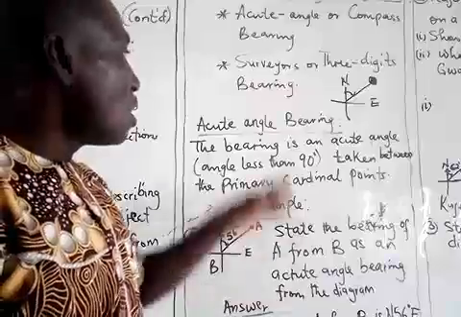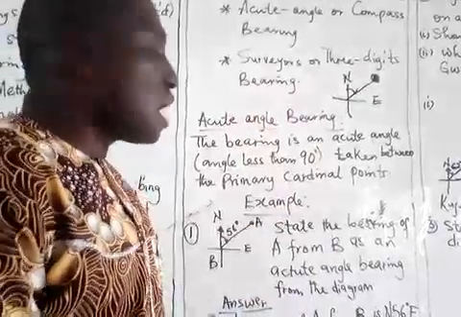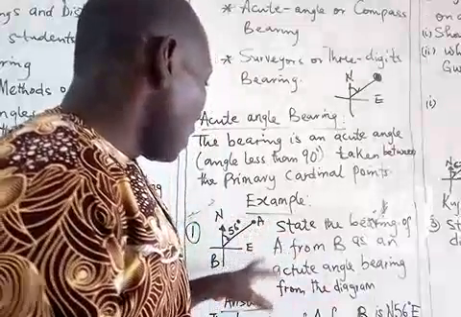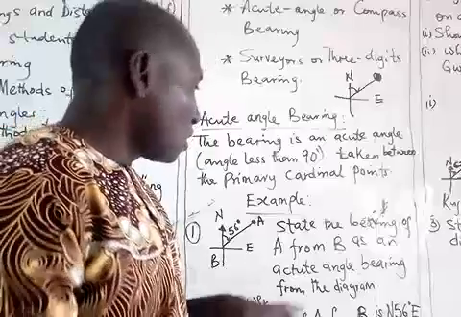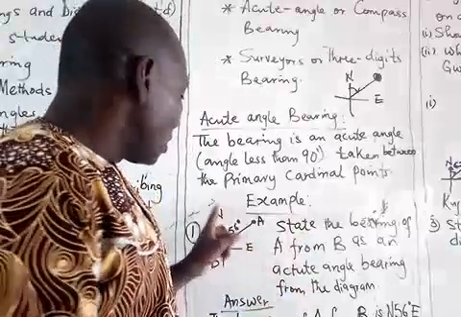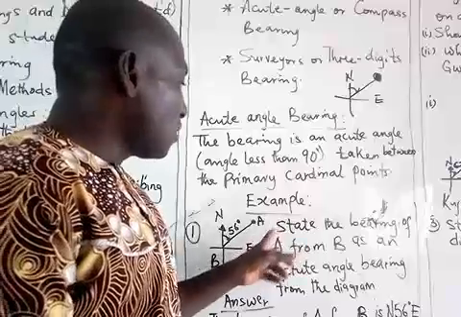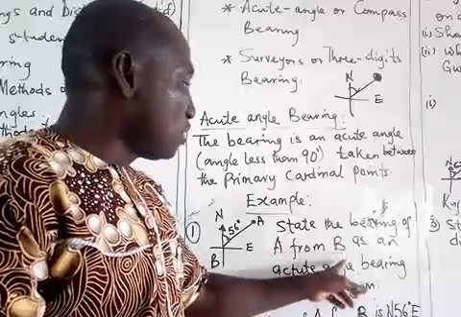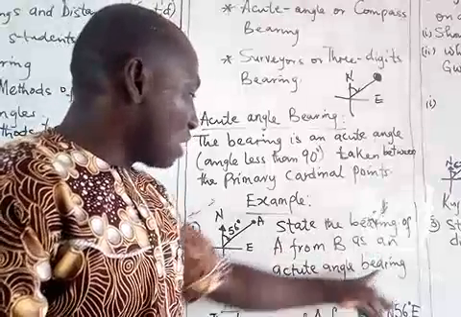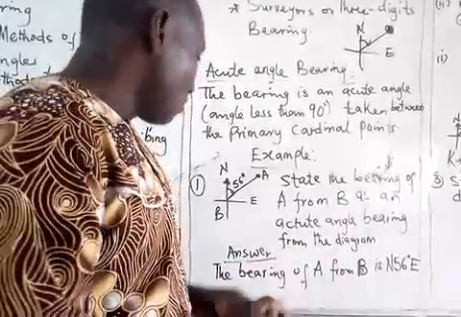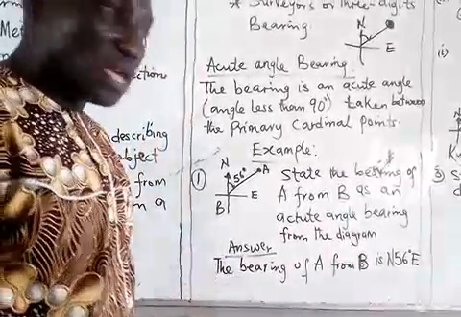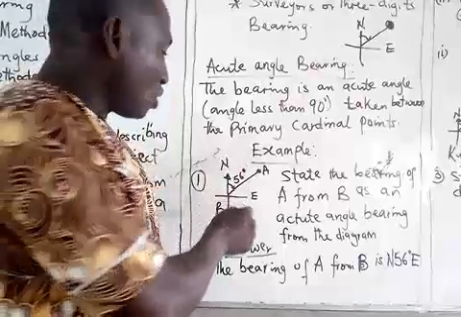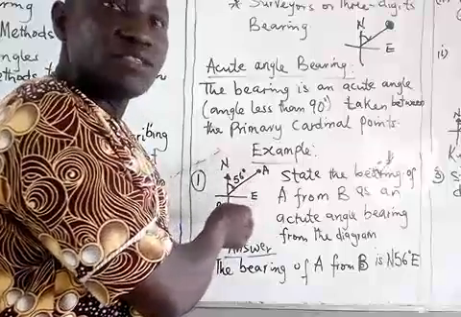An example using this acute angle bearing: we have a diagram here. The question is, state the bearing of A from B as an acute angle bearing from the diagram. If you look at this diagram carefully, this is the northern direction, and I've told you earlier that all bearings are taken in a clockwise direction.